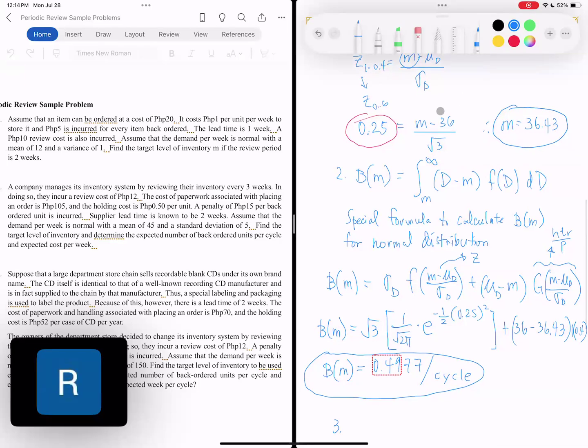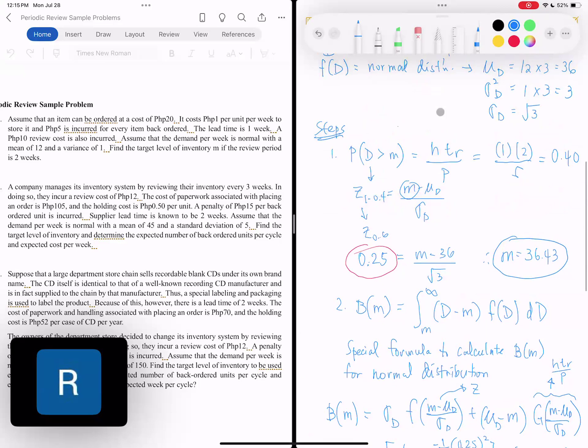And then, so that when you review, I'll erase this. I'll replace it with possible questions.